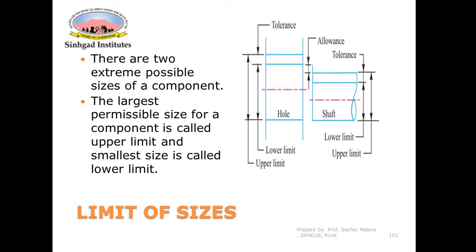One is an upper limit and another is a lower limit, because it is impossible to produce the components consistently with exact dimensions. Many variables will contribute towards the natural variability.